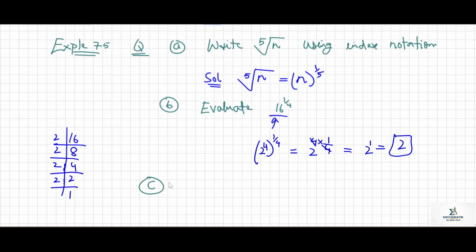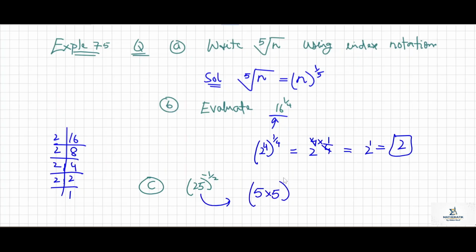So we have part C, 25 raised to minus 1 by 2. Now here you can see 25 is also written as 5 into 5.